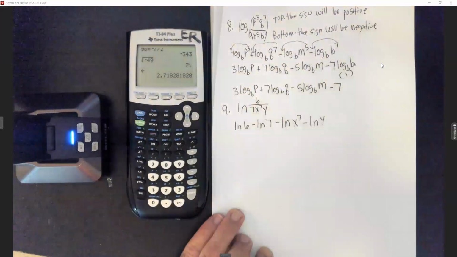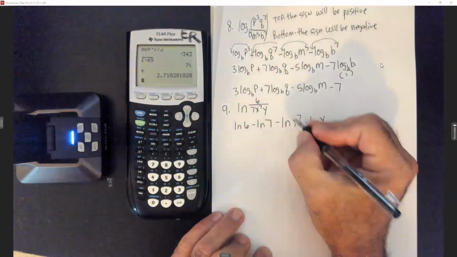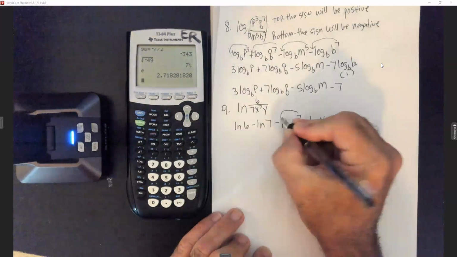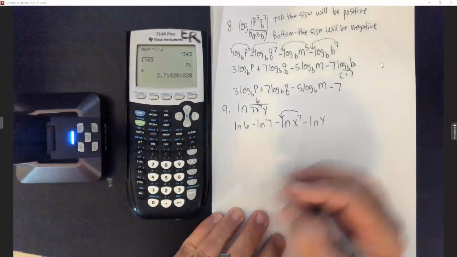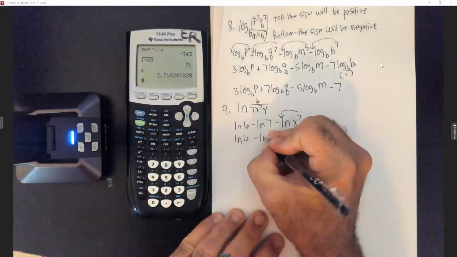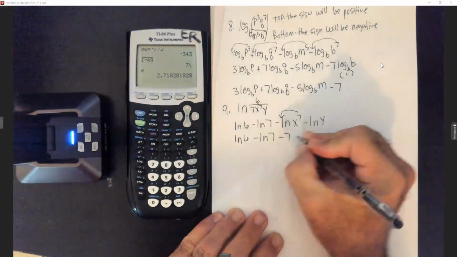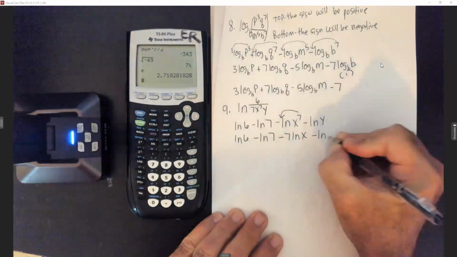And y'all, this one only had one more move to do, and that's take this little 7 and bring it in front of its ln. So rewriting all this, I get a ln of 6 minus ln 7 minus, that would give me 7 ln of x, and then minus my ln of a y.